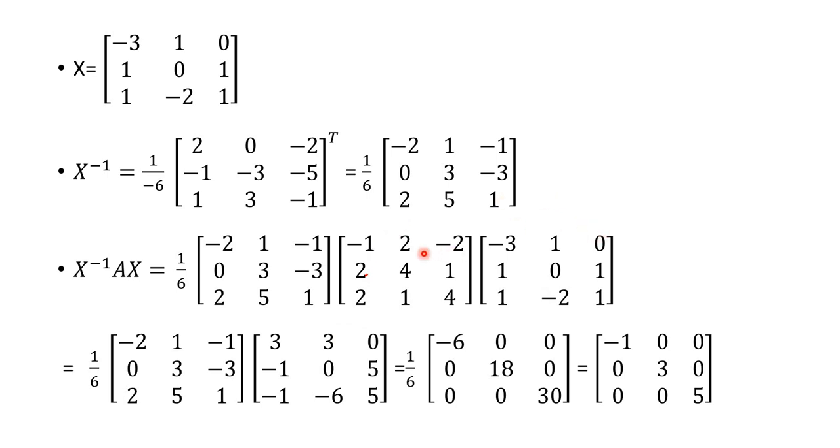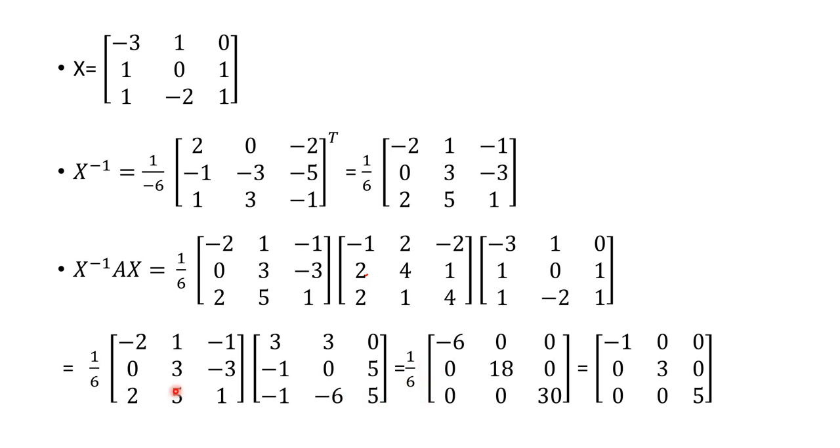Minus 1 into 0, 0. 2 into 1, 2 minus 2 is 0. 2 into minus 3 is minus 6 plus 4 plus 1, that is minus 1. 2 into 1 is 2, minus 2 is 0. 2 into 0, 0. 4 into 1, 4, plus 1 is 5. 2 into minus 3 is minus 6, so minus 6 plus 5 is minus 1. 2 into 1 is 2, minus 8, so minus 6. 2 into 0, 0. 1 into 1, 1. 4 into 1, 4. So 1 plus 4 is 5.